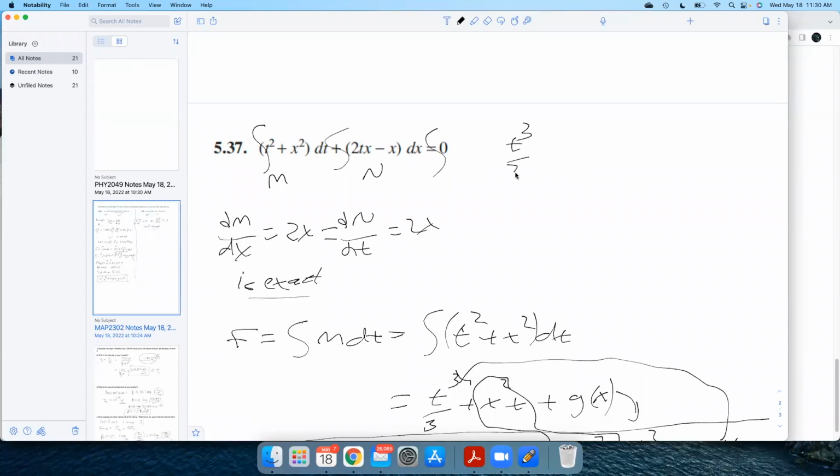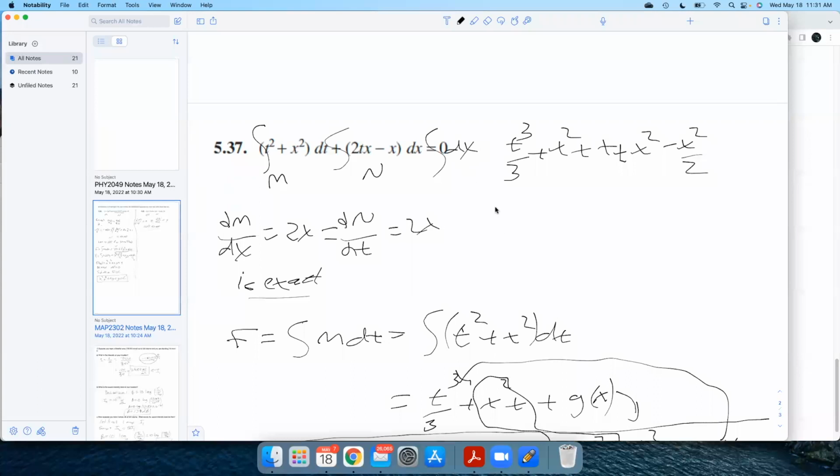That would be t cubed over 3 plus x squared t. Plus, now integrate this thing with respect to x. I'm going to get an x squared over 2. I'm going to get a t x squared minus x squared over 2.